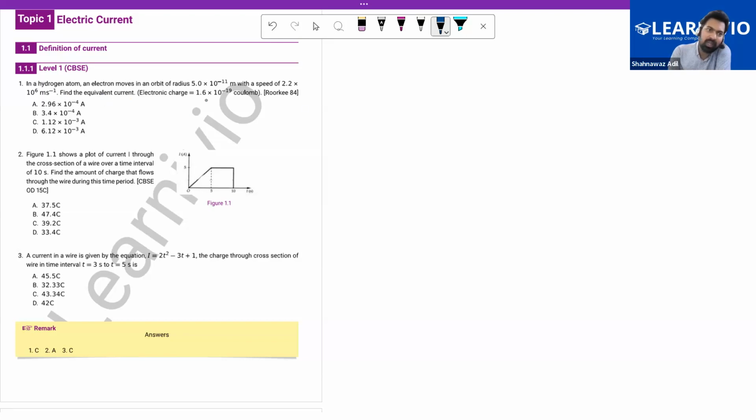So you have a hydrogen atom. At the center we have a proton, and this electron is moving in this circular orbit. So what charge is flowing?